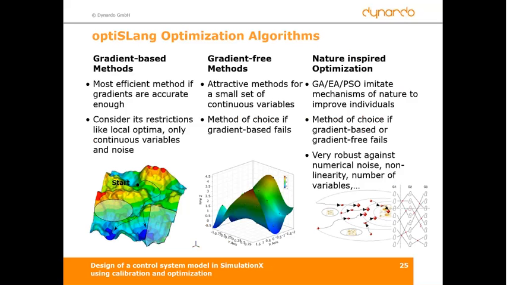The most important question is, which is a good and efficient optimizer for my optimization problem? In optiSLang, we provide three groups of optimization algorithms. If gradients can be calculated, gradient-based methods are very efficient.